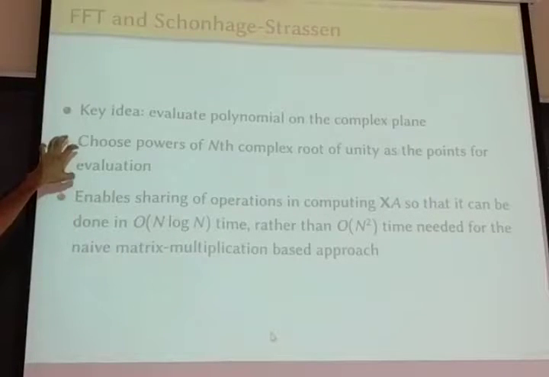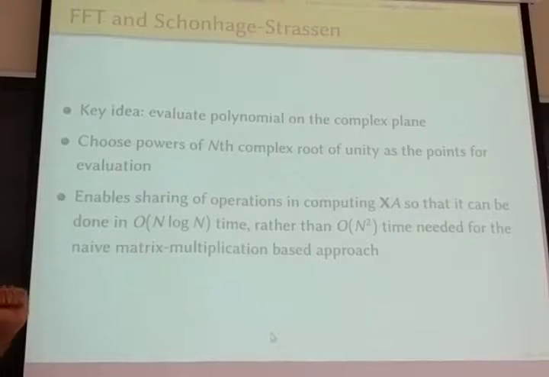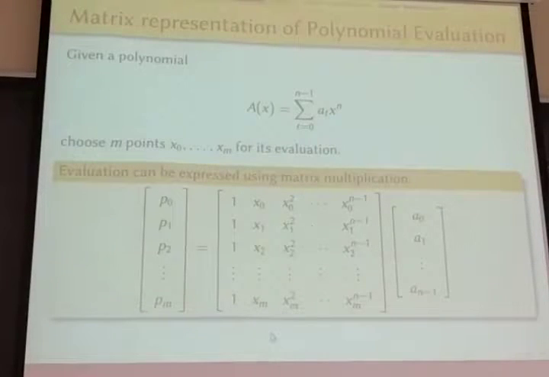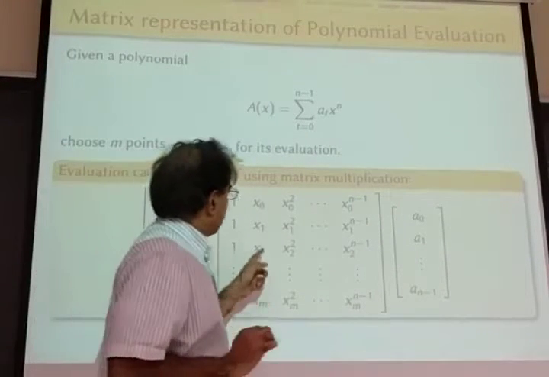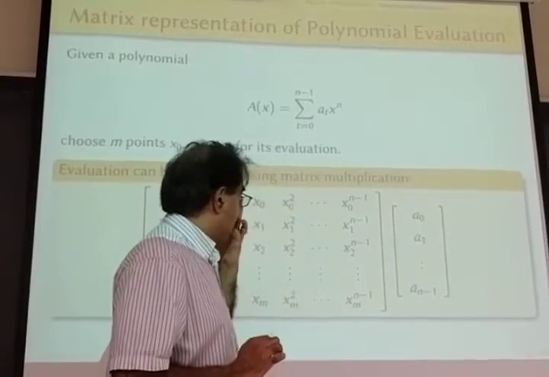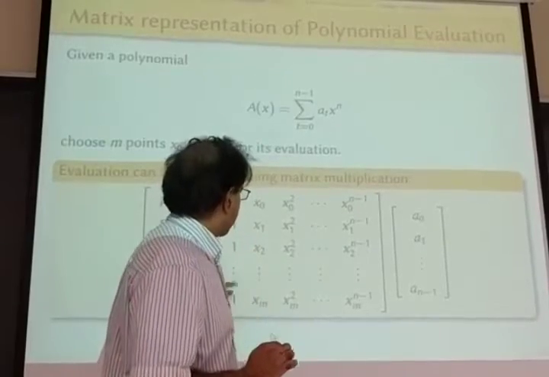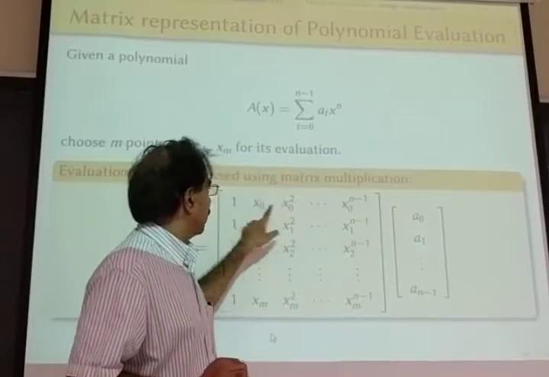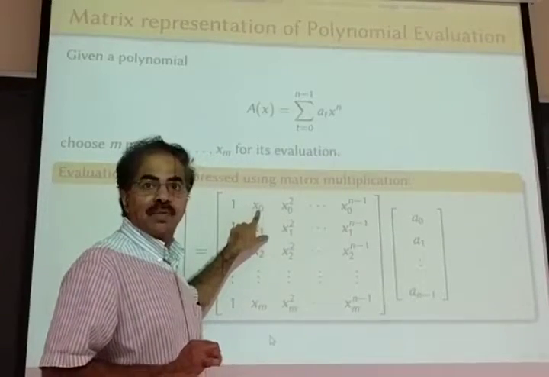So the idea is the following. Let's take this, right? Now, the reason why this operation is expensive is because we do this evaluation independently for each value of the point, right?